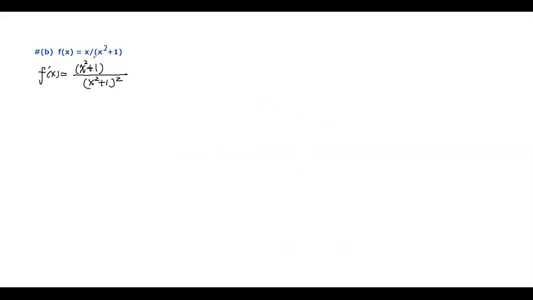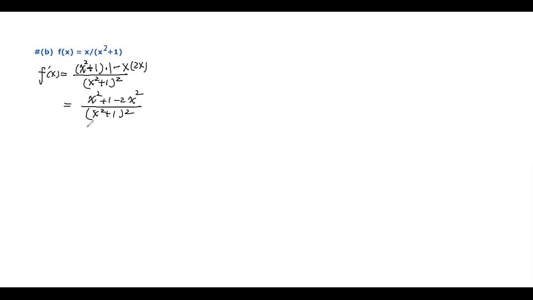Then you take the derivative of the top. So x, you take the derivative, it is 1, right? And then you hold the top, so it's x, and you take the derivative of the bottom. So x squared plus 1, you take the derivative, it's 2x, right? Okay, now let's simplify this a little bit. So this is x squared plus 1, squared, and the numerator is x squared plus 1 minus 2x squared.